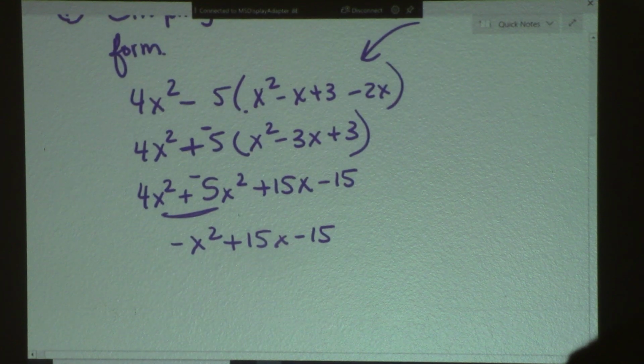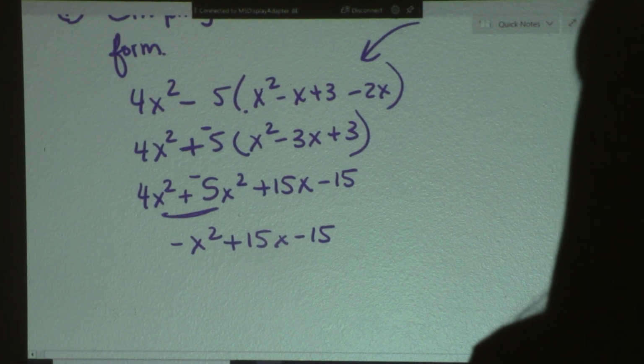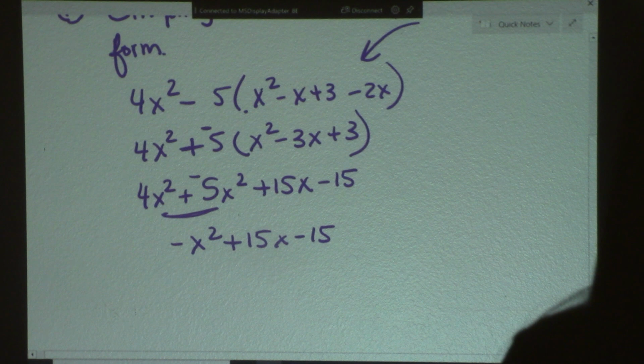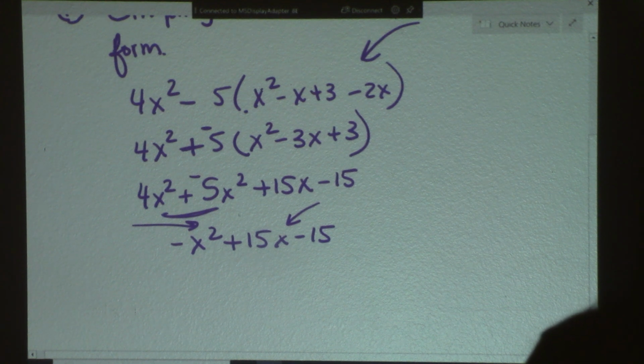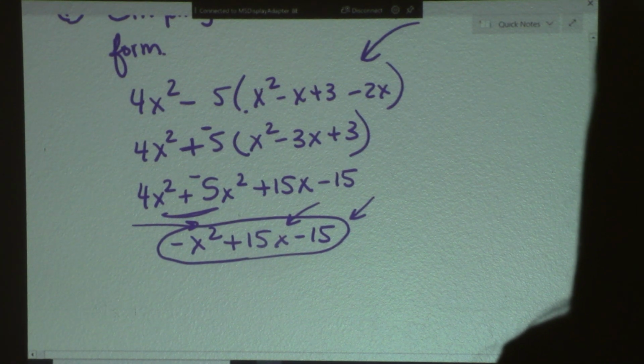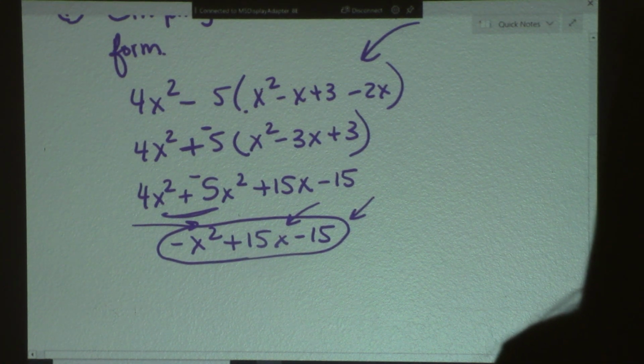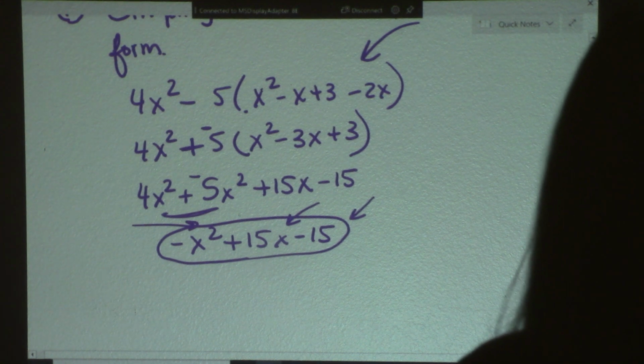Standard form means I have all of the terms in order from the highest exponent down to the lowest. Well, I have a 2 here, I have just one x, and then I have no variable. This is already now in standard form, but you are going to have to do that. So make sure you know how to do that.